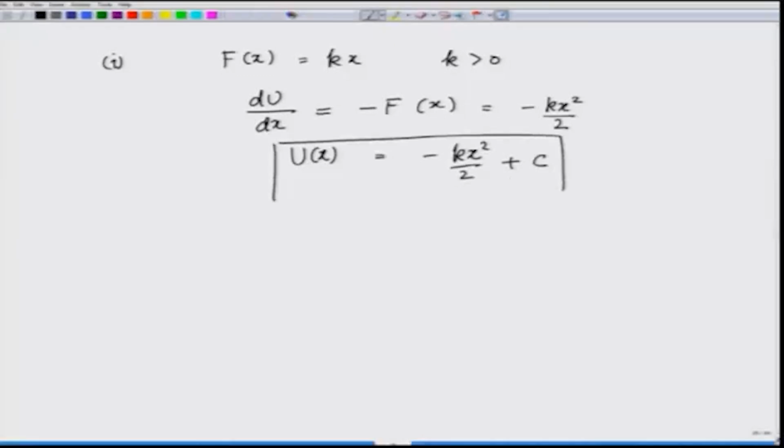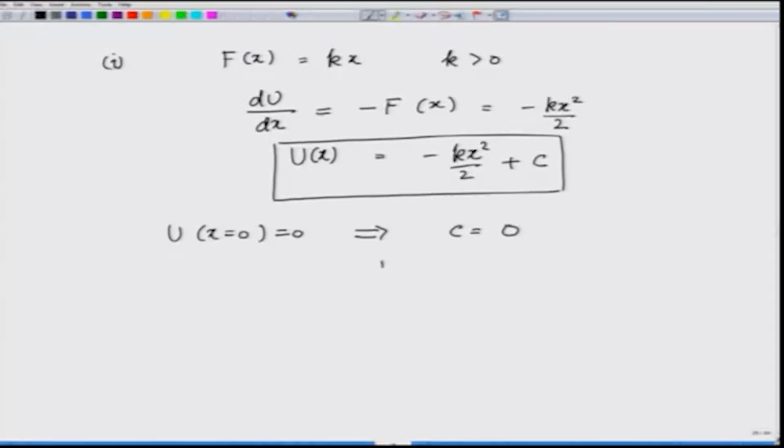This is the answer. The constant c, as we have been learning, depends on where we take the reference point such that the potential is taken to be 0 there. We will take Ux at 0 to be equal to 0, and this immediately gives c equals 0. How about the plot of the force and the potential? I will do it one under the other.